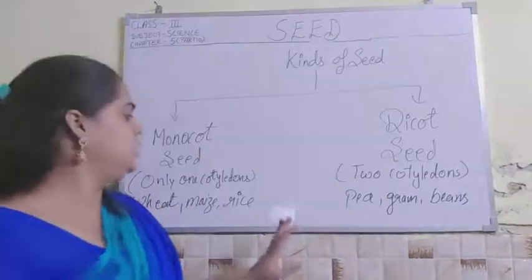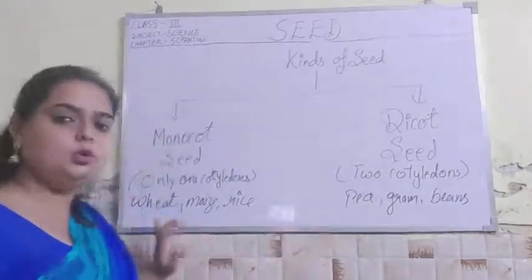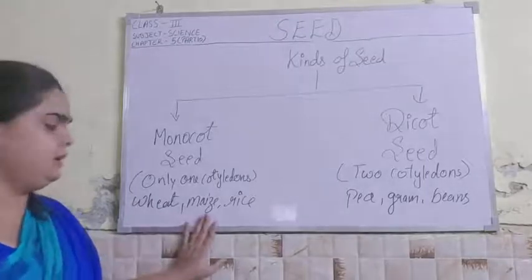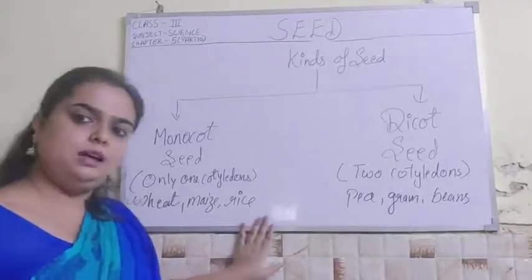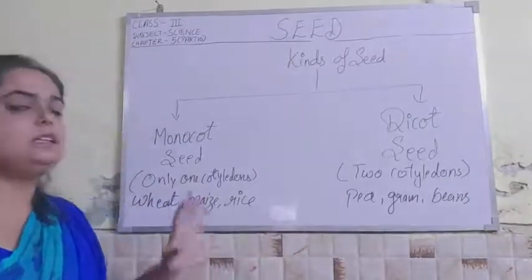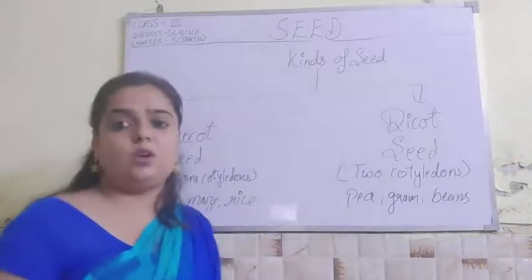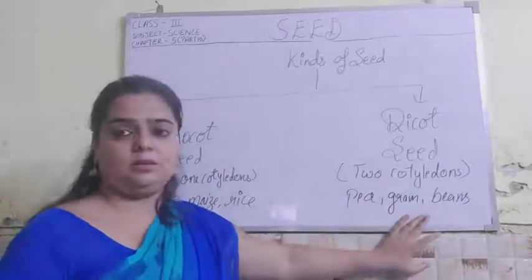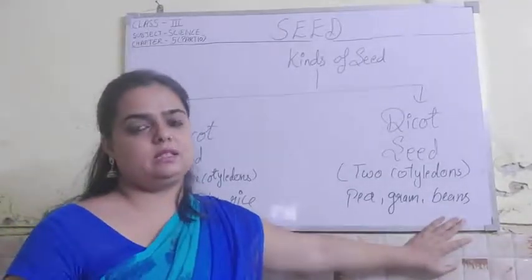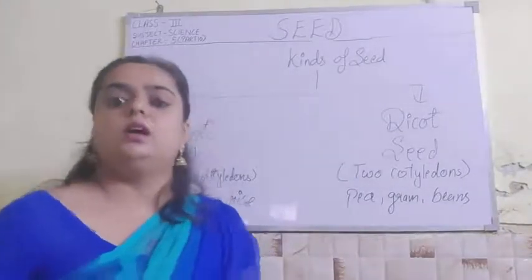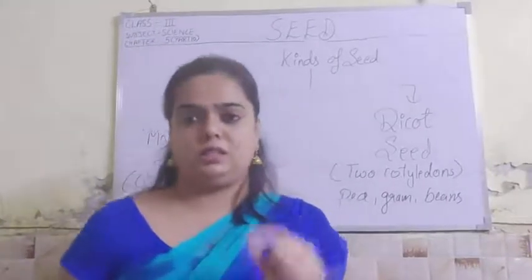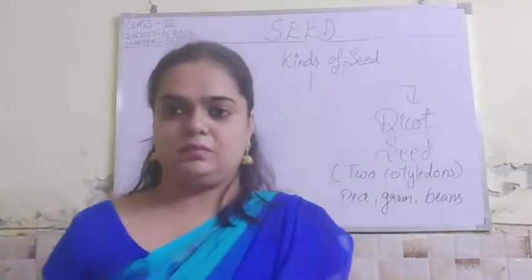Okay. Examples of monocot seed are wheat, maize, rice. And examples of dicot seeds are pea, gram, beans.